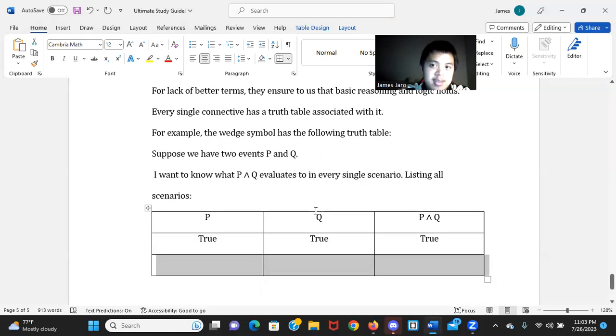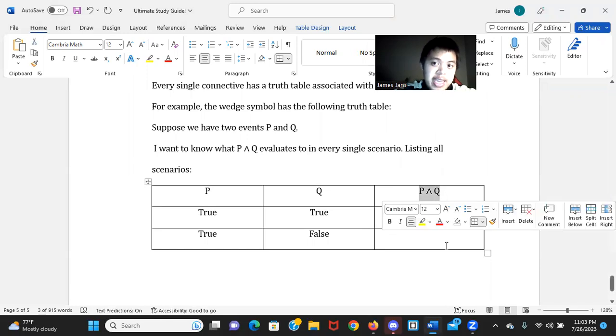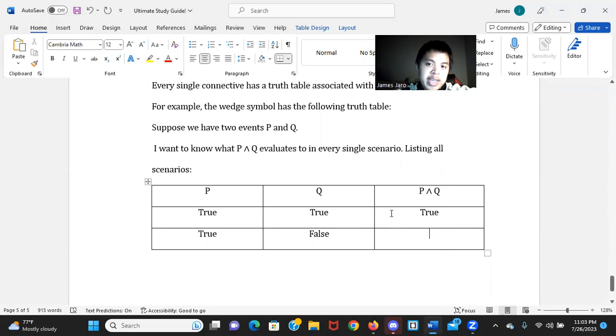But maybe P happens, but Q doesn't happen. Well, if event P happens, but event Q does not happen, we know the event P and Q can't happen, because the key word with "and" is that both of them essentially have to be true in order for the event P and Q to hold. So since event Q doesn't hold, we know that P wedge Q should not hold, meaning that P wedge Q is false.